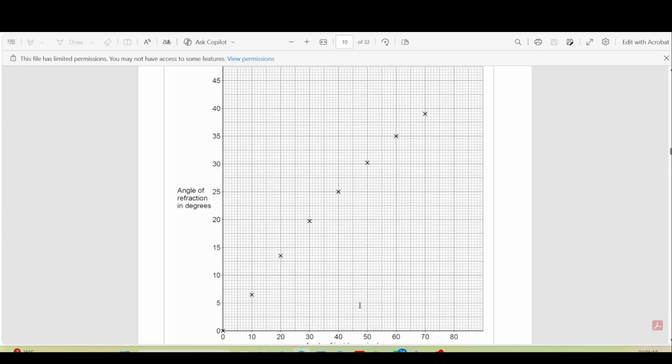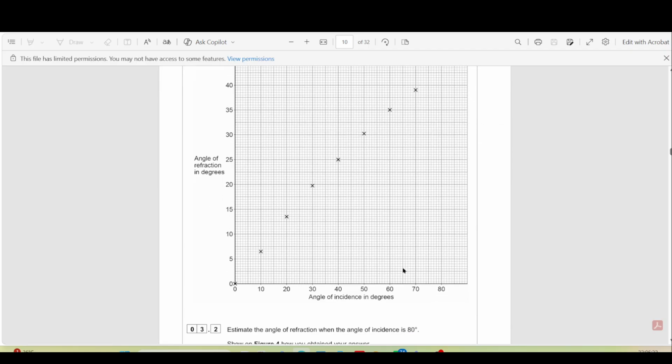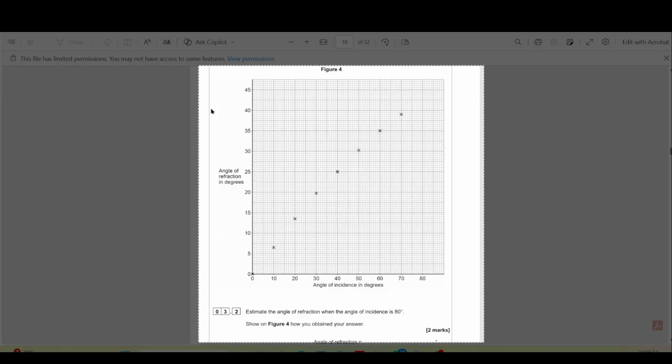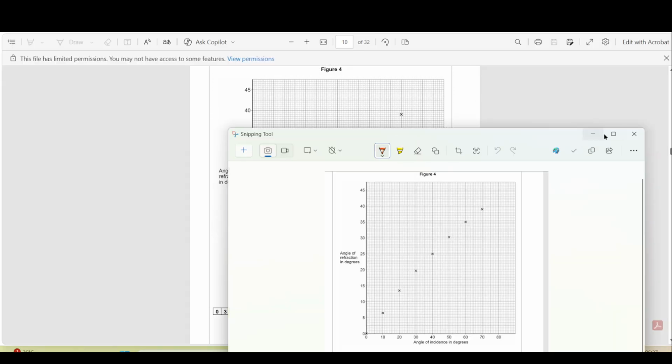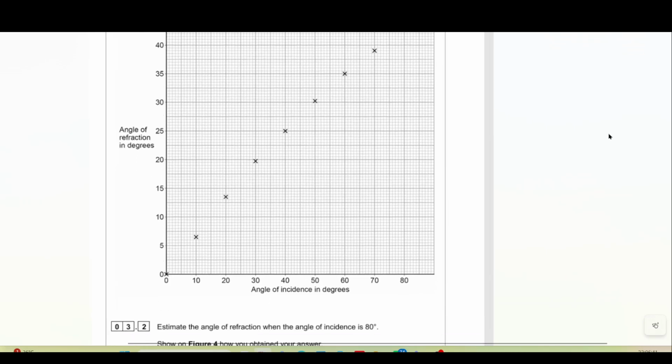I need to draw a line of best fit. Do I draw a line of best fit, or?